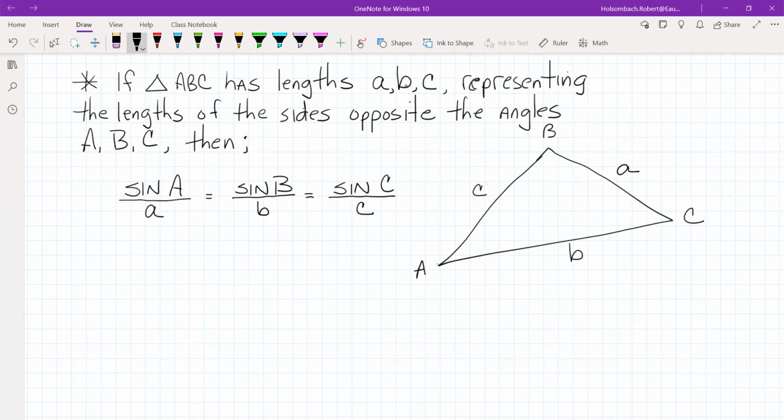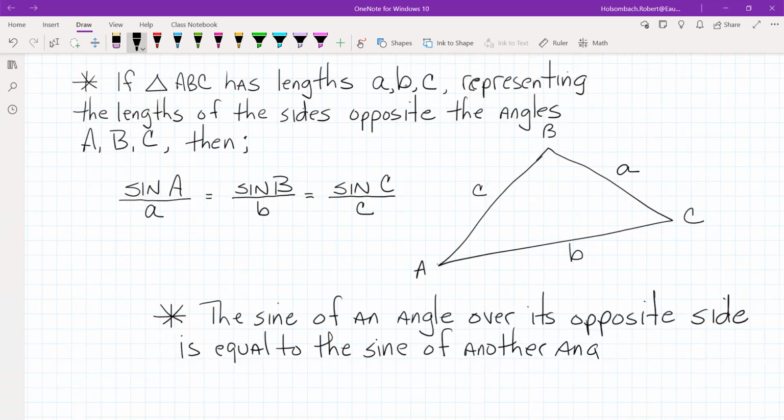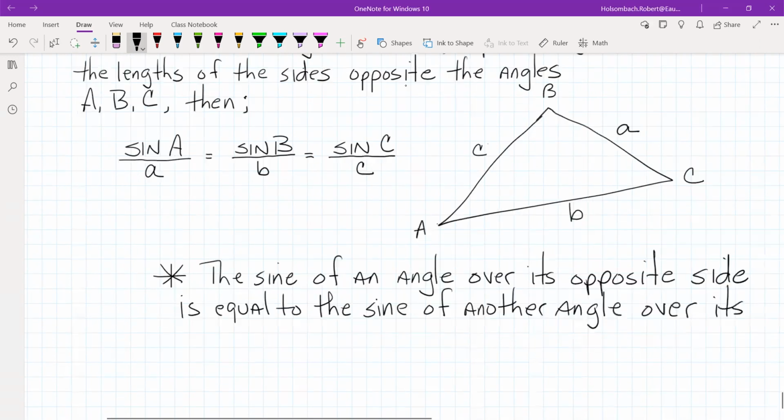Another way of saying this is the sine of an angle over its opposite side is equal to the sine of another angle over its opposite side.